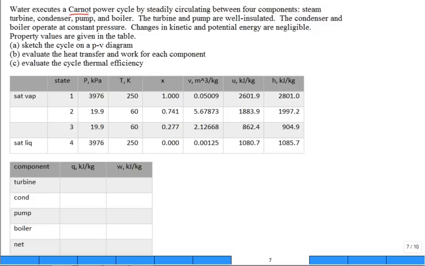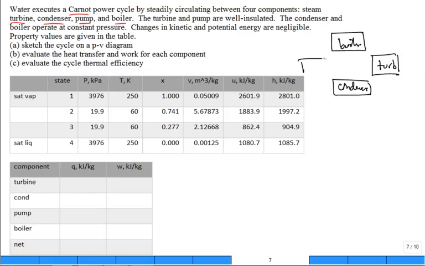The Carnot power cycle by steadily circulating water between 4 components: a steam turbine, the condenser, the pump, and the boiler. So we'll put the boiler, we'll put the turbine, we'll put the condenser, and we'll put the pump.